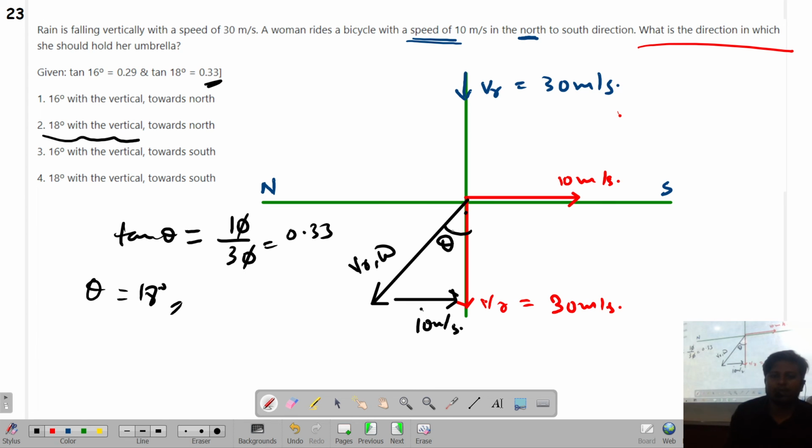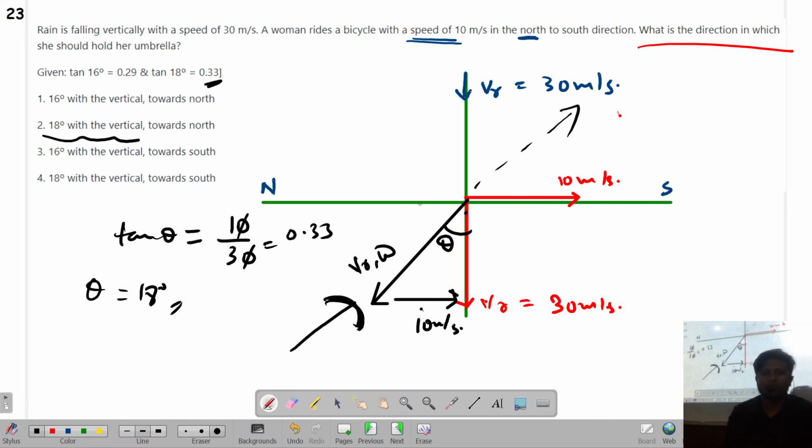Rain is falling vertically, and this resultant is downwards. Now I can make this resultant go upwards. So she should keep her umbrella this way.